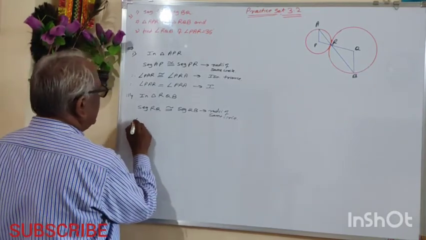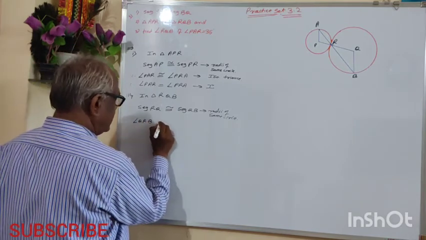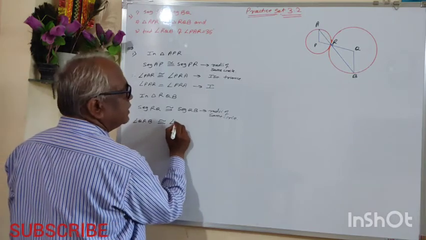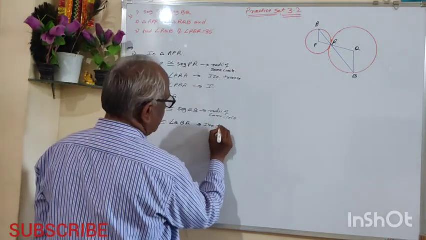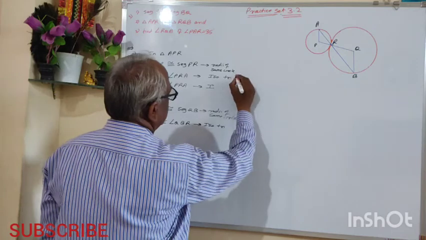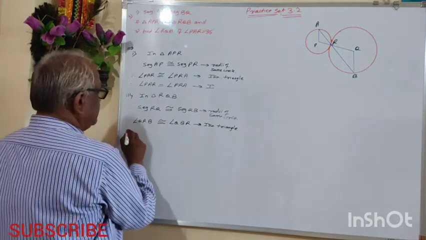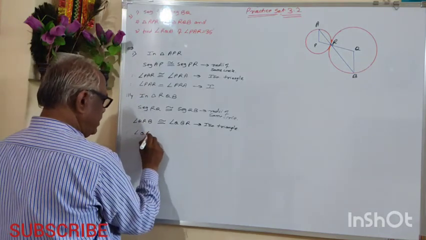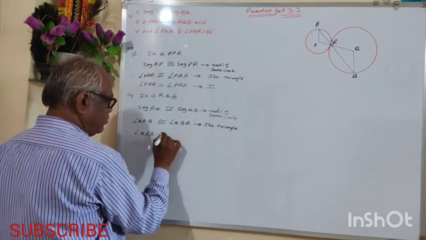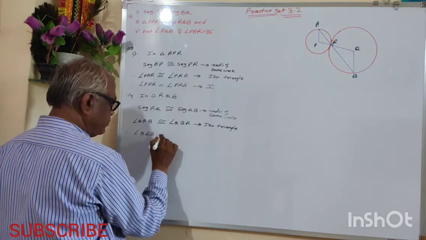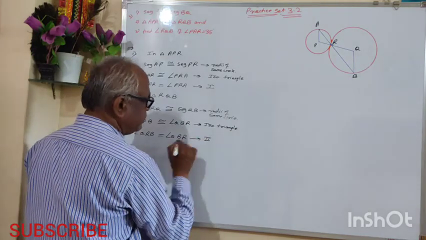So now angle QRB is congruent to angle QBR by the isosceles triangle property. Therefore, angle QRB is equal to angle QBR. This is equation number 2.